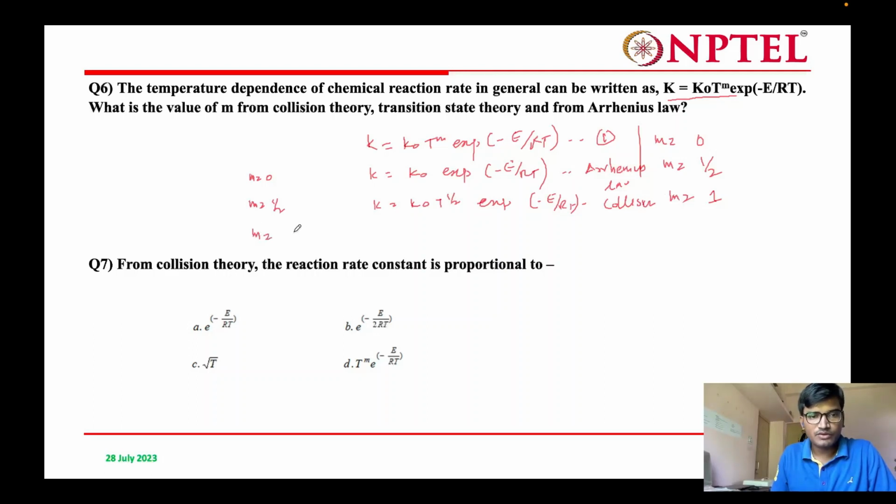When m is equal to 1, putting in the equation, K is equal to k naught T exponential, and this is the transition state theory.